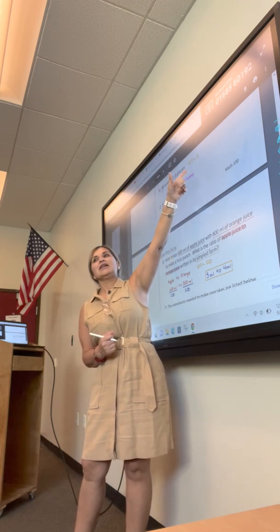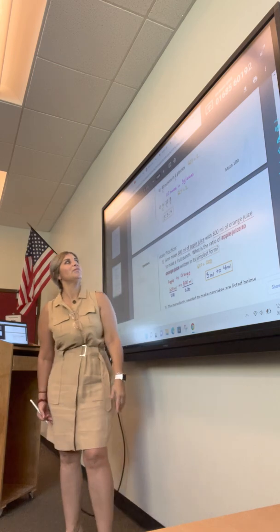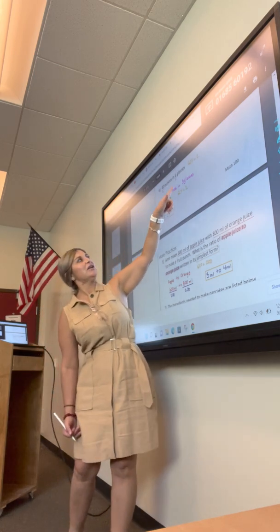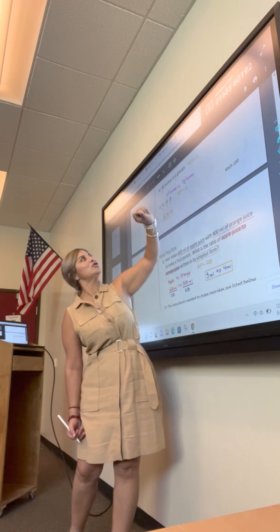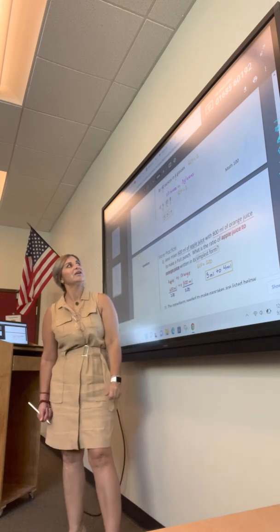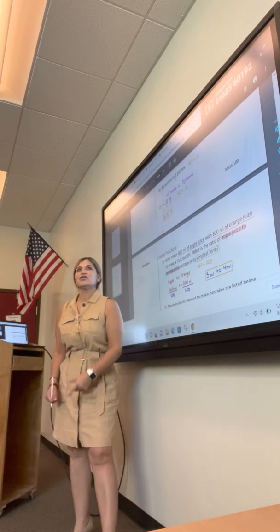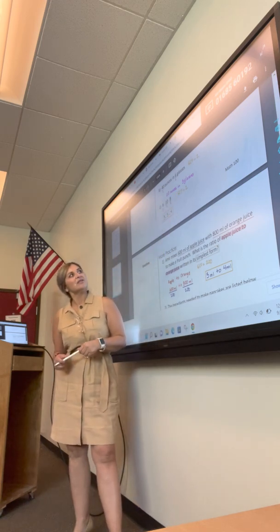It's 2, right? 2 goes into 20, 20 times, and if we divide 6 by 2, it's 3, okay? So that means it's 20 ounces in 3 glasses.